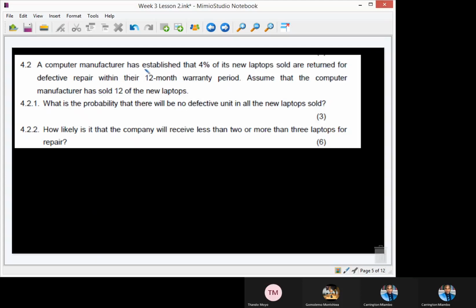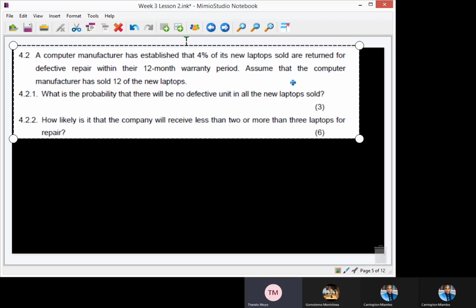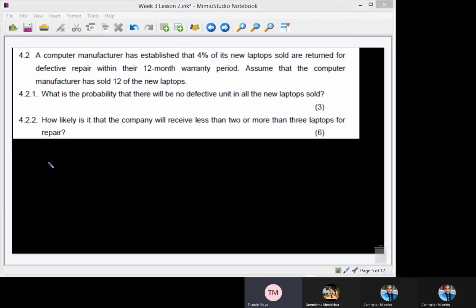A computer manufacturer has established that 4% of its new laptops are retained for defective repair within the 12-month warranty period. Assume that the manufacturer has sold 12 laptops. Is it binomial or Poisson? It's binomial. Correct, it's binomial. So we are dealing with binomial.